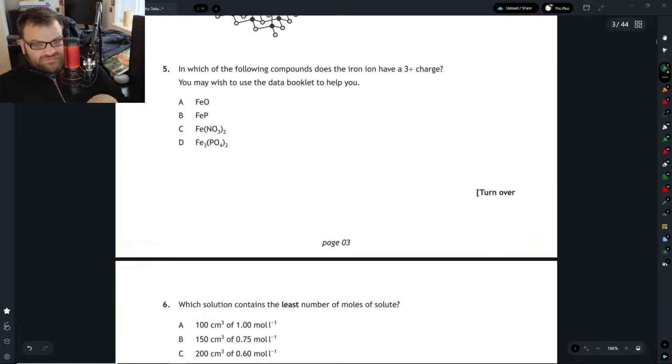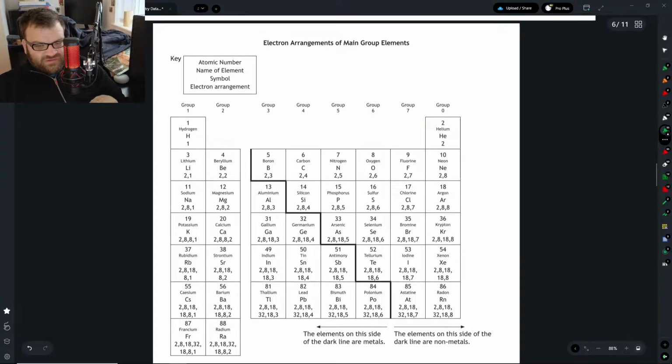Number 5. In which of the following compounds does the iron have a 3+ charge? Right, let's go through these then. We have got iron and we have got oxygen. If we find oxygen in the data booklet, for oxygen to become stable, it will have to gain 2 electrons. You gain 2 electrons, it's going to become negatively charged.